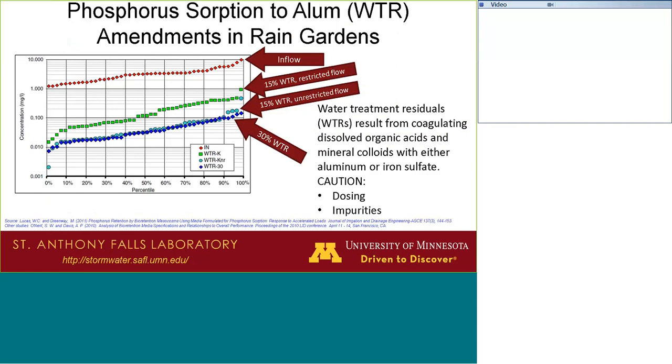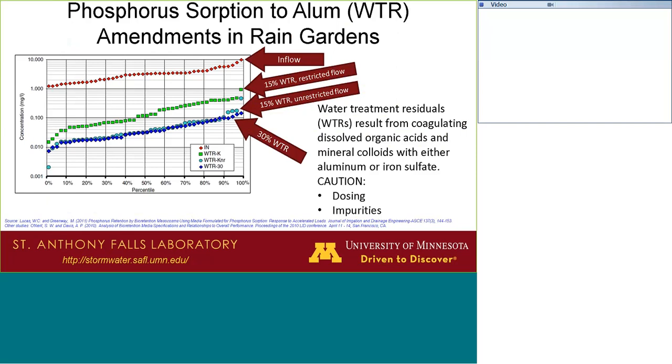This is some laboratory data here, and I provide all of the references on all the slides, but I can share those with you as well if you're interested. But this is showing that we can reduce those concentrations of soluble phosphorus significantly, by orders of magnitude, just by adding a relatively small amount of water treatment residual.